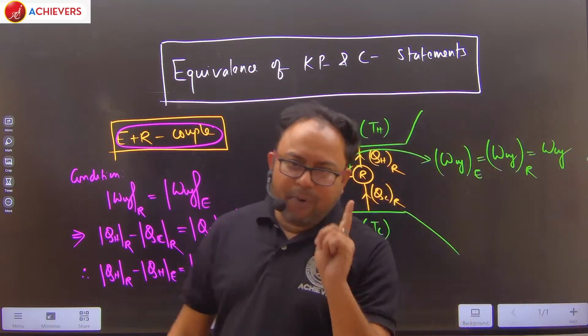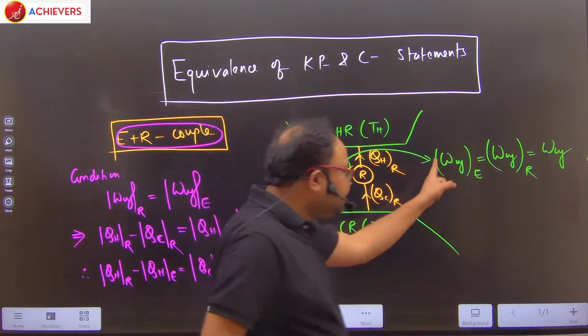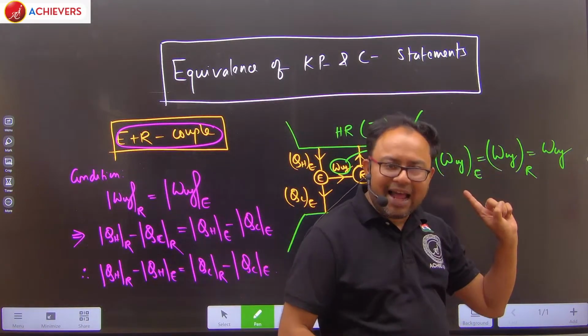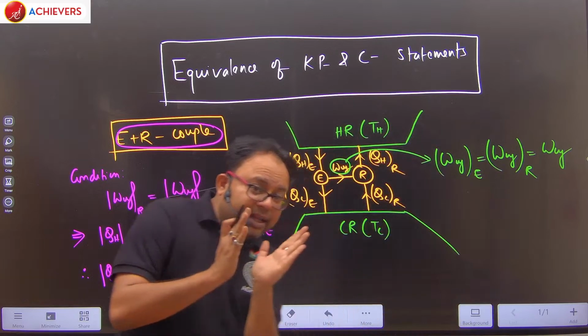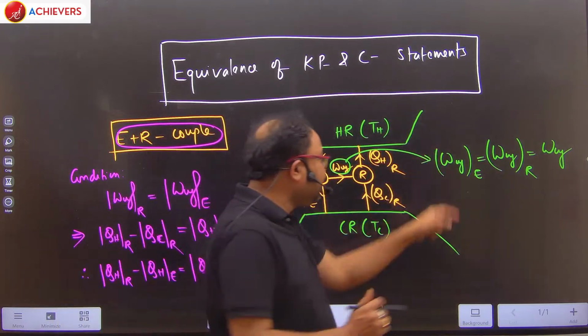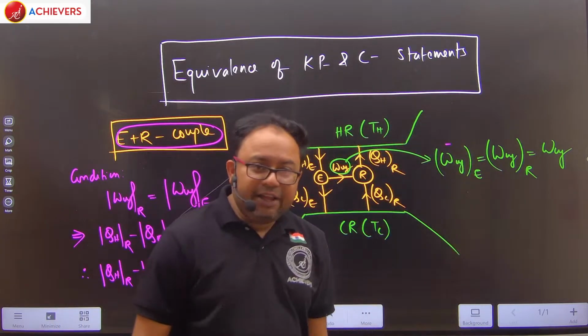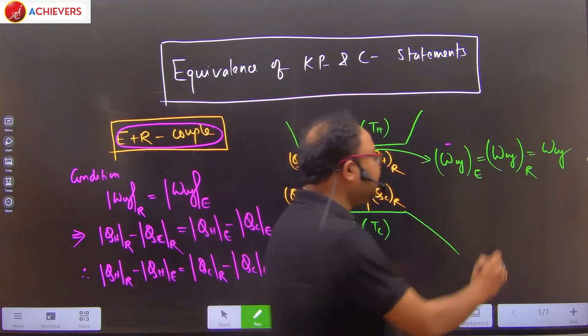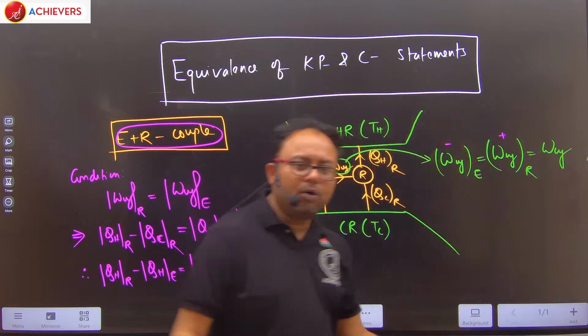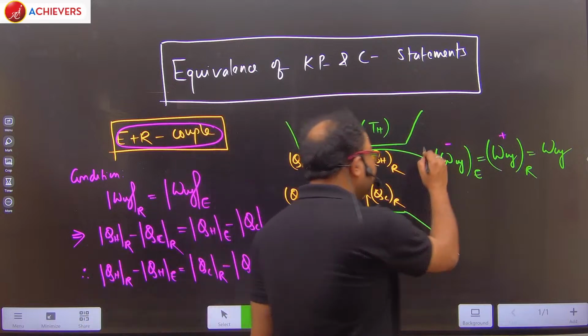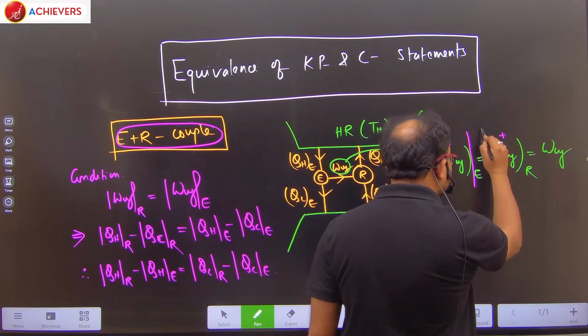And one important thing has to be noted. This equation is not perfectly okay. Why? Because if you are considering the reference to be engine, then W cyclic is negative. And if you are considering the reference to be refrigerator, W cyclic is positive. So how can they be equal? They can only be equal in terms of their magnitude.